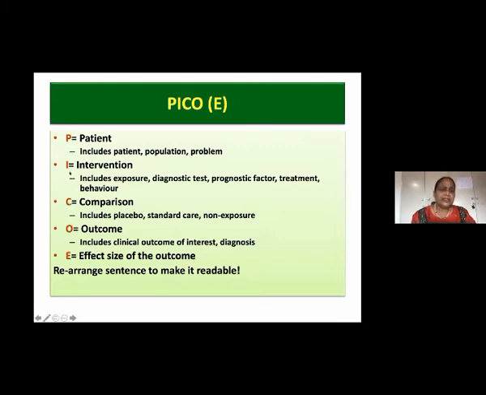The intervention is very important for all of us to understand. It may be in the form of a drug. It may be exposure to mining. It may be exposure to radiation. It may be exposure to a drug. It may be exposure to toxin while attending a marriage function, food poisoning toxin.